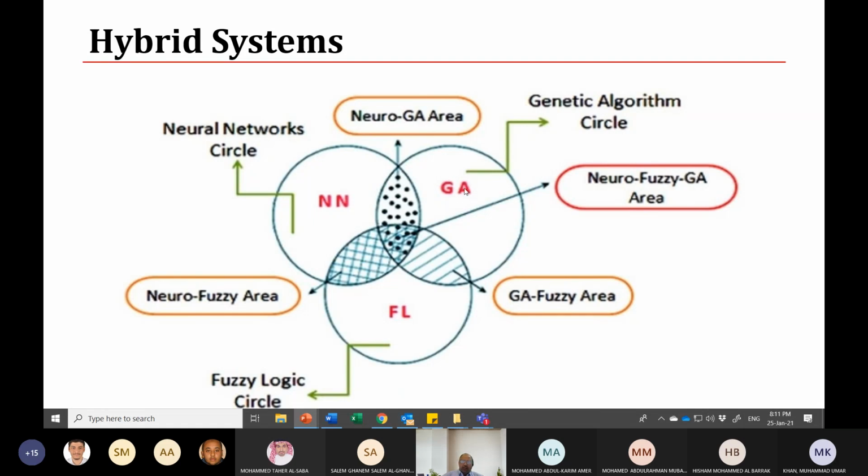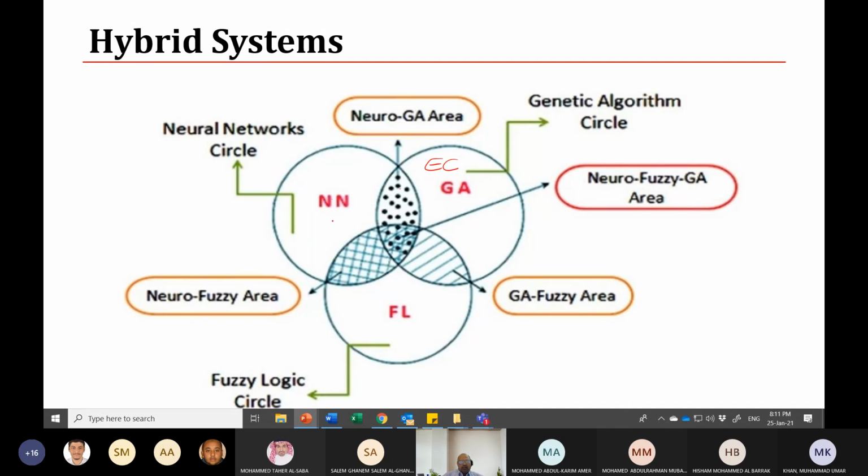But evolutionary computation, let us say, in this circle represent the evolutionary computation technique, okay, whether it is GA or others. So you can use GA with the neural network to optimize the weights. So you can have an overlap here or the intersection here.